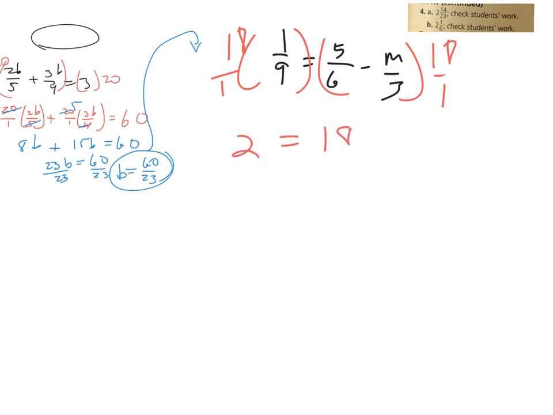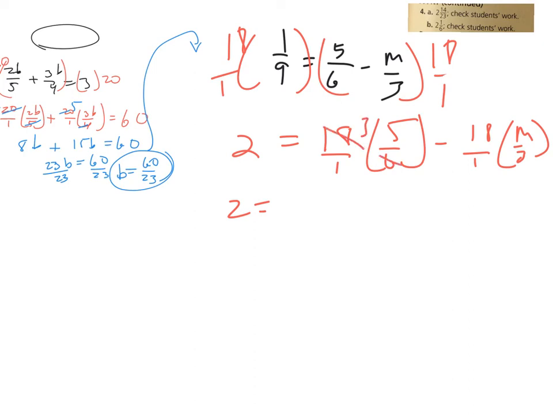So on the left side, that's going to leave me with 2 equals. Then I'm going to have 18 over 1 times 5/6 minus 18 over 1 times m over 3. So 2 equals, and on the right side we're going to get 15 because we're going to have a 3 times 5 here.